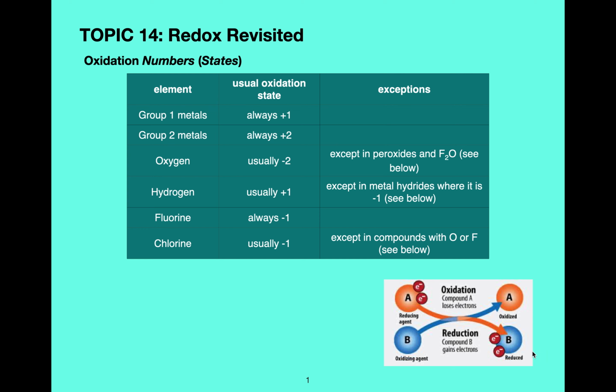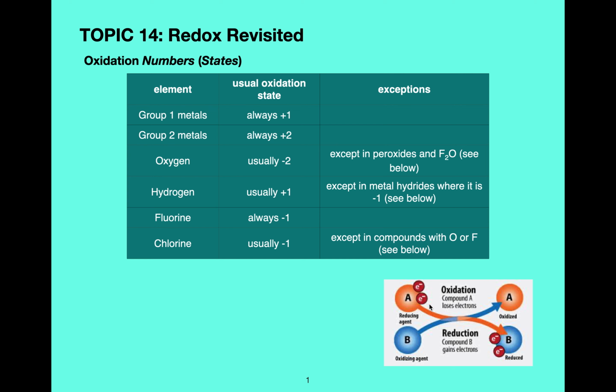Another simple idea, the idea that a reducing agent is oxidized. It reduces the other thing. The oxidizing agent is reduced. So a reducing agent reduces an oxidizing agent. Okay, they're two sides to the same coin. Yin yang. Reduction is a gain of electrons, isn't it?